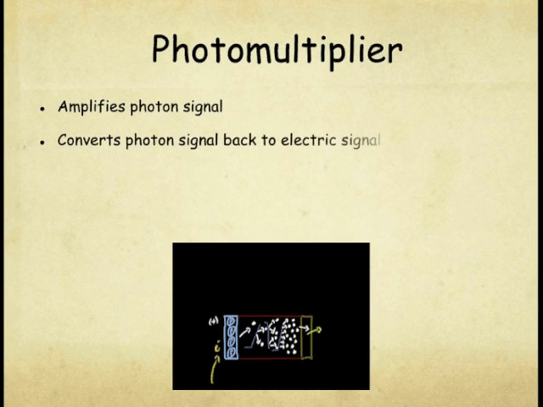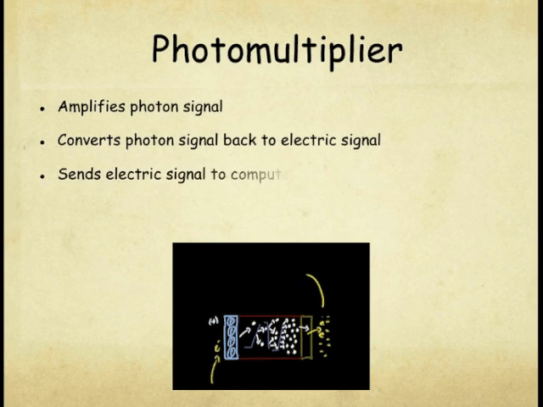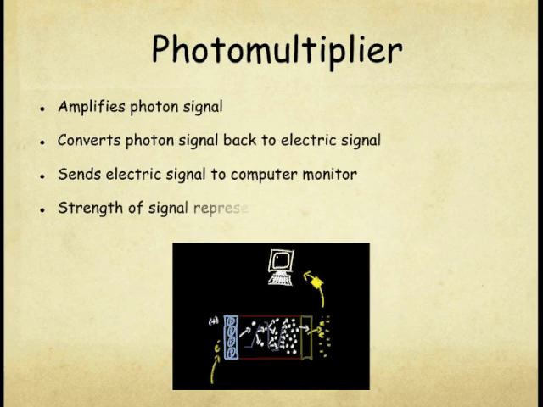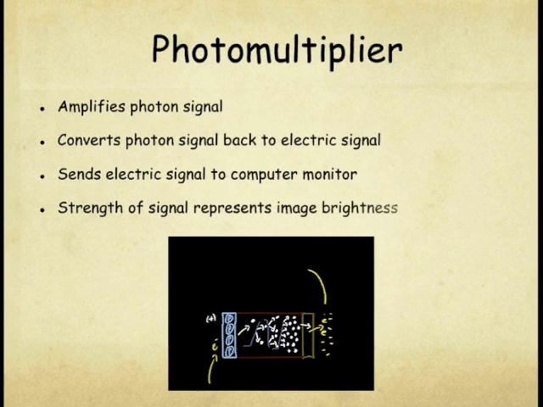This amplified electric signal is then sent to the monitor display and now represents some level of brightness, which can be further amplified by increasing the gain on the signal. This is done by operator control.